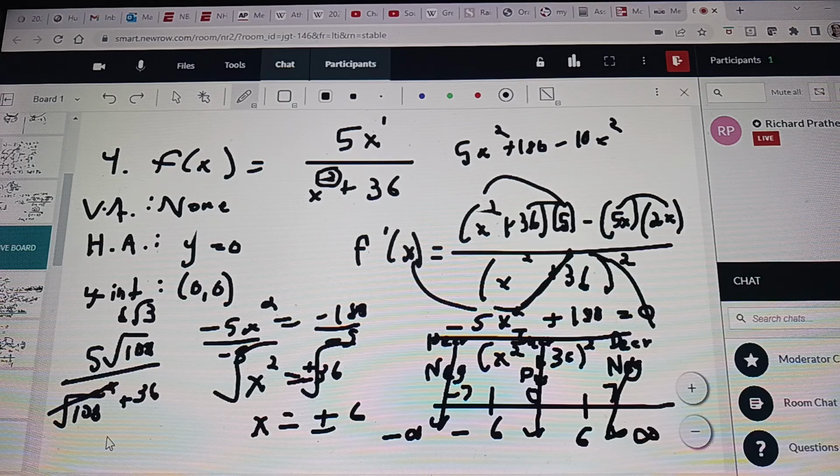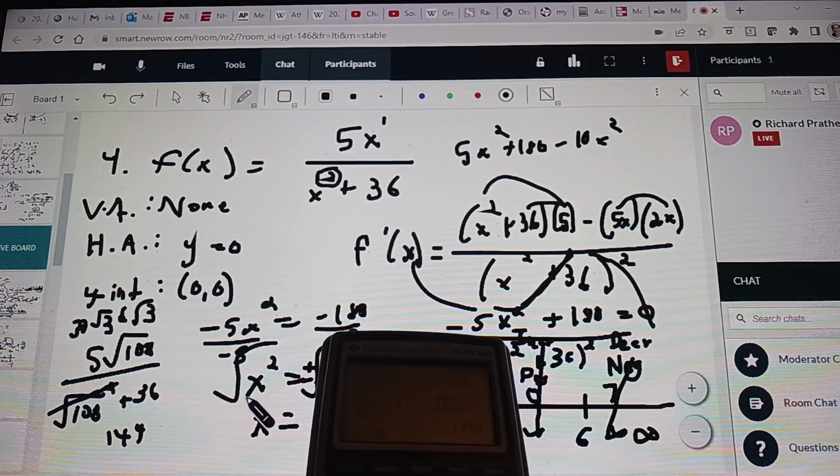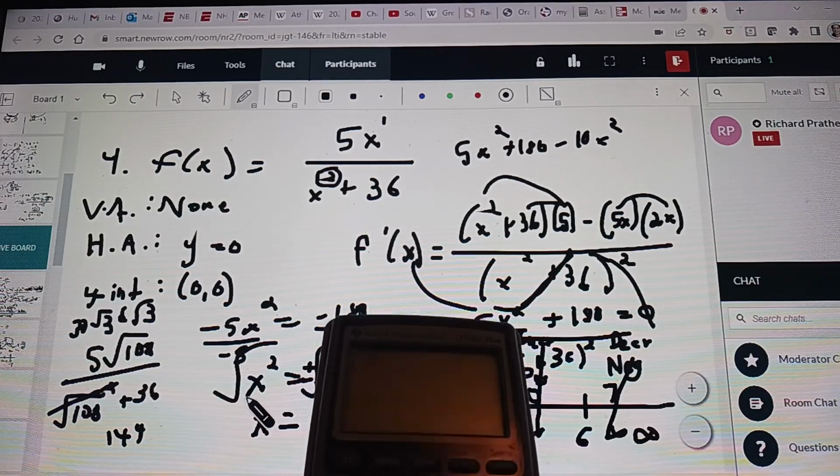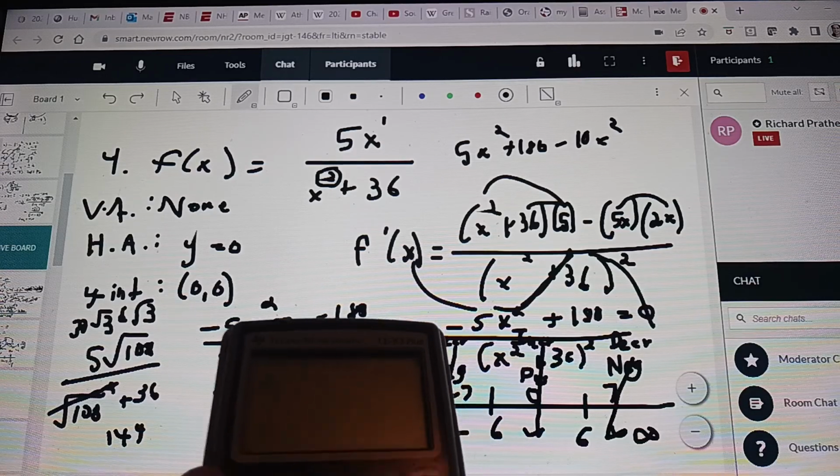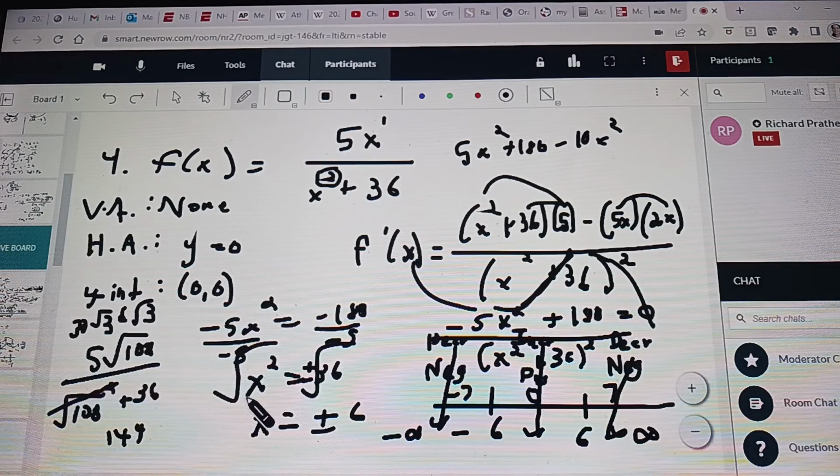So the denominator is 144. The numerator is 30 square root of 3. And 30 divided by 144, that reduces to 5 over 24.